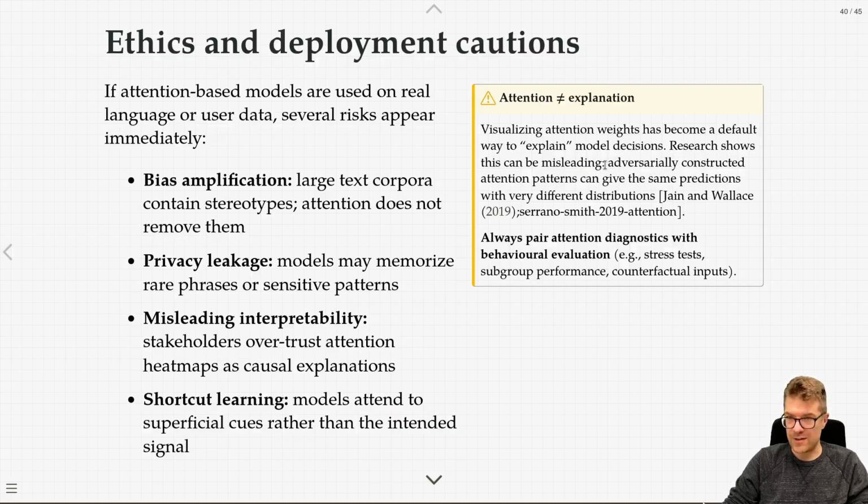You can construct the data in a way that the models are going to pay attention to certain elements of the inputs in a way that's adversarial, in a way that you can fool people to believe certain attention patterns that might not be great. When you're deploying these attention-based models, you always want to do the same kind of caveats. Do stress testing, look at subgroup performance, look at counterfactual inputs, and always be curious.